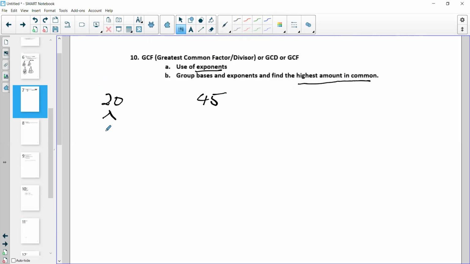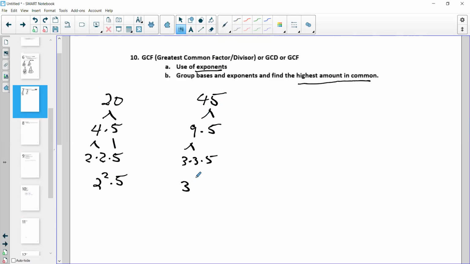So if we go ahead and factor, I know 4 times 5, 2 times 2 times 5, so it's 2 to the second times 5. And then we'll take 45, and that's going to be 9 and 5, of course, because it ends in 5. So I know 5 divides it. And then this would be 3 times 3 times 5, so 3 to the second times 5.